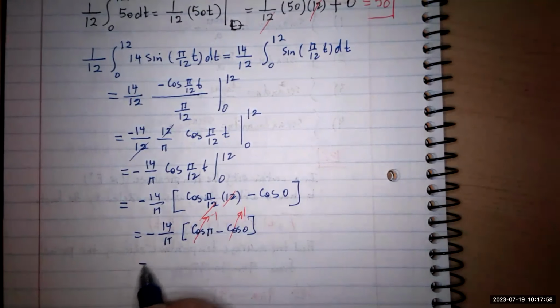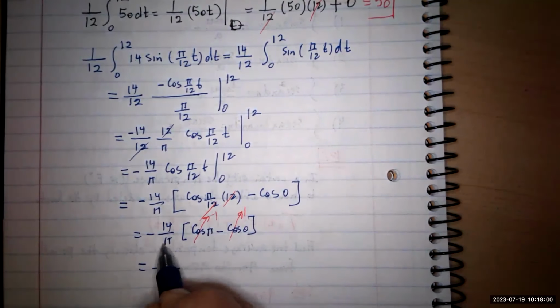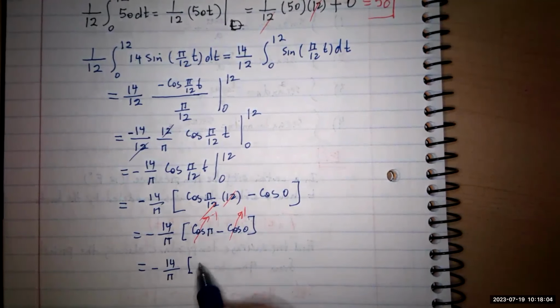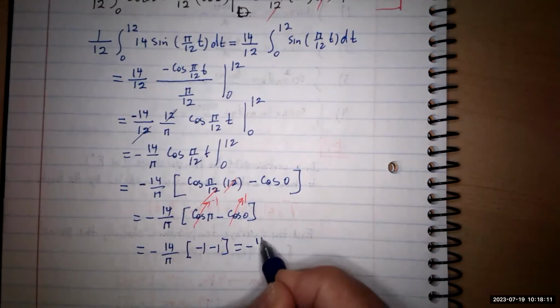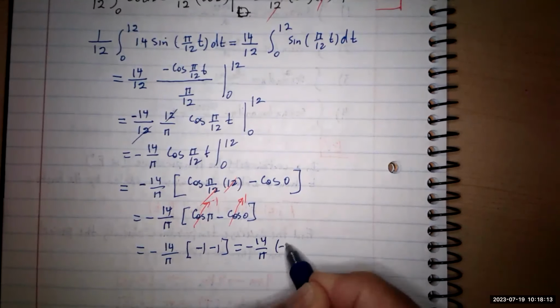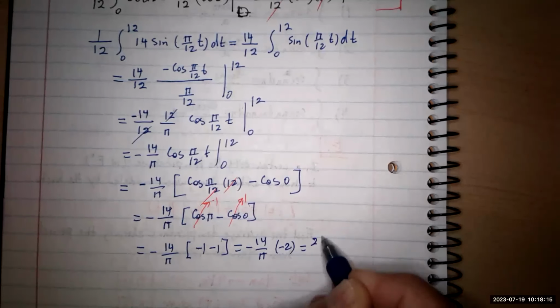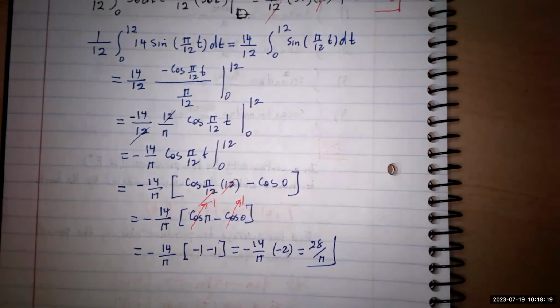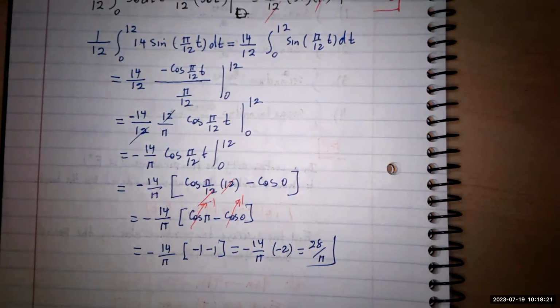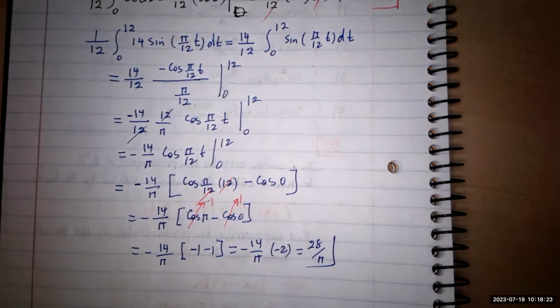So you get negative 14/pi times negative 1 minus 1. That gives negative 2. Negative 14/pi times negative 2 gives 28/pi for the integral of the second part. Any question? But remember, we add them together.